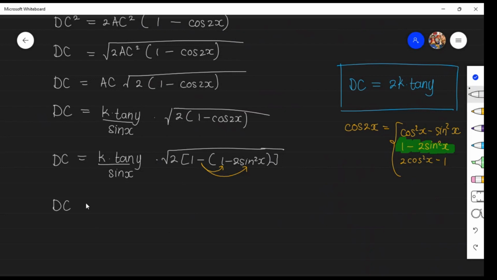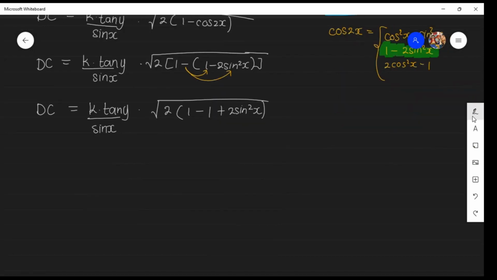So I bring down my DC equals k times tan of y all over sine x times 2 into, now this is going to be 1 minus, so negative 1 times positive 1 is negative 1. Negative times negative 2 sine squared x is going to be positive 2 sine squared x. From here, I can simplify what's in the bracket.